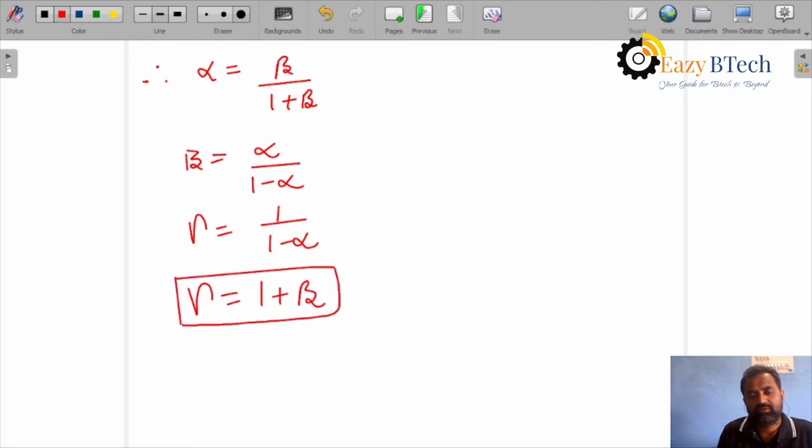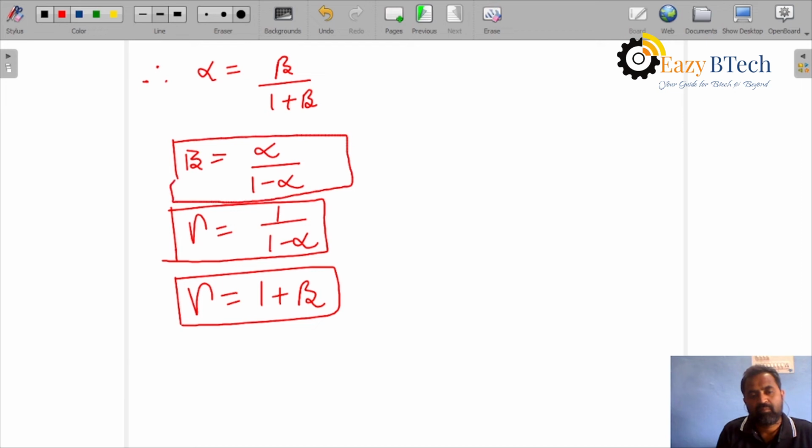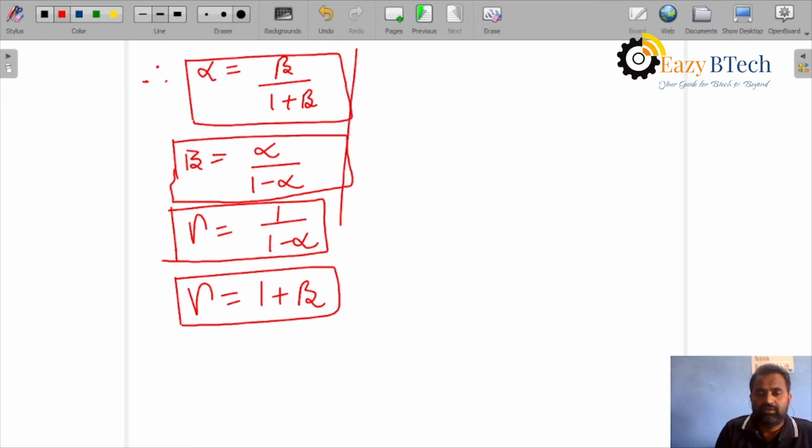These are the 4 important formulas, the relationship between alpha, beta, gamma.